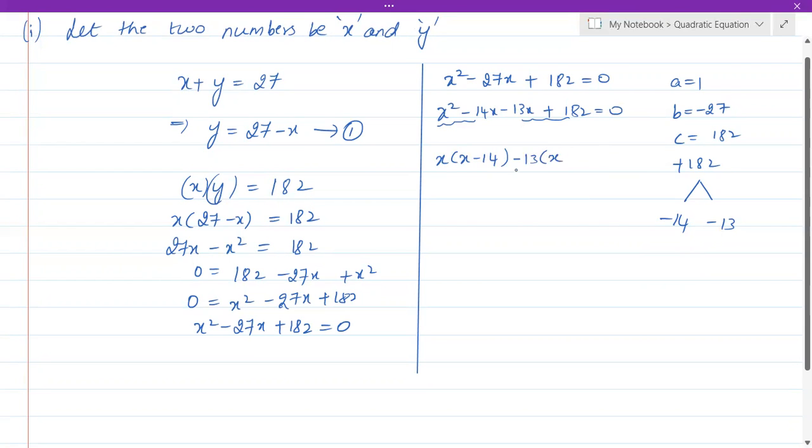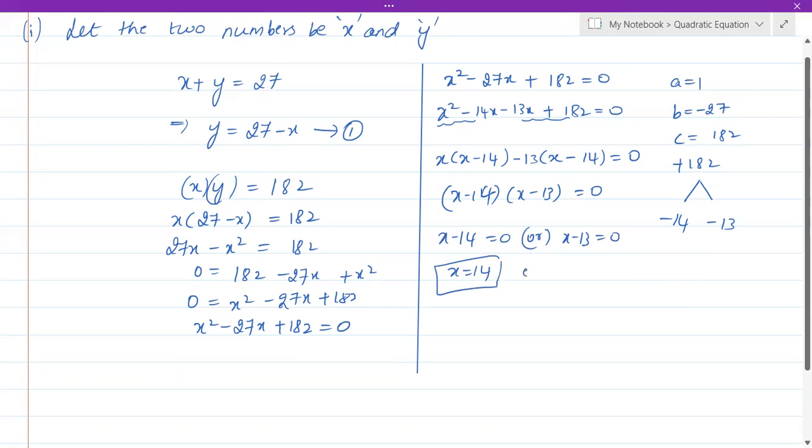Remember minus is outside the bracket, therefore the sign changes, plus will become minus. 13 into 14 is 182. So on both sides you have x minus 14 common, and we are left with x minus 13 equal to 0. Product of two things is 0 implies x minus 14 should be 0 or x minus 13 should be 0, which implies x is 14 or x is 13.